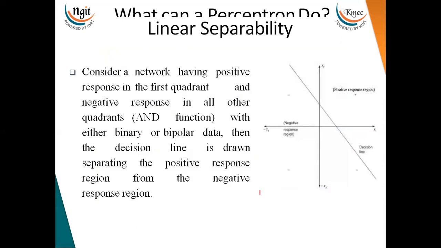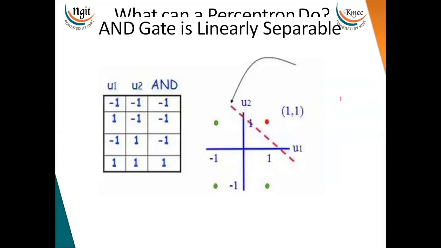Now, let us consider one example. When we look at our AND gate, only when you have both values as +1 is the output +1. If any one value is negative or both values are negative, then your AND will have a -1 output. So can we model our AND gate using a perceptron? Yes, it is possible.